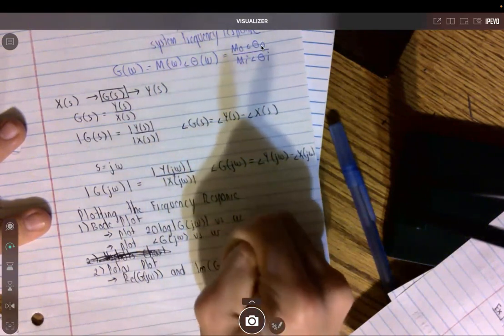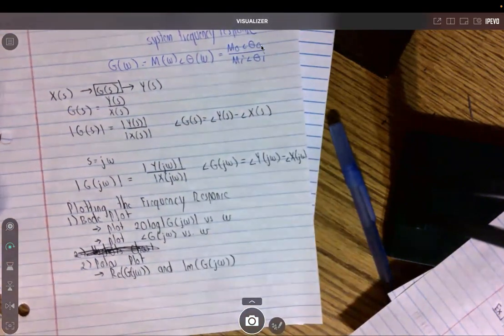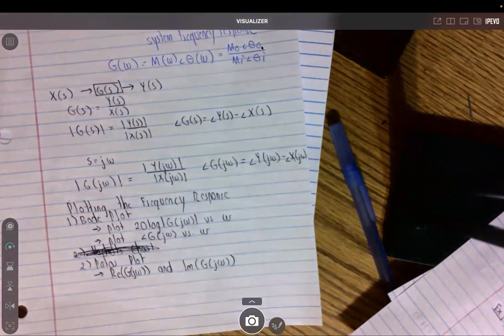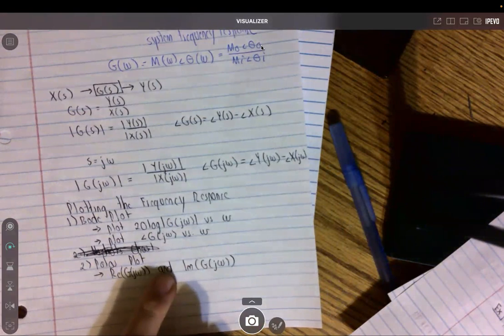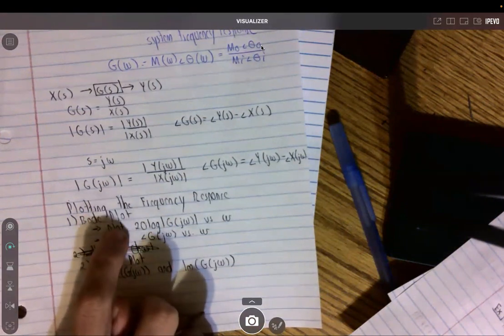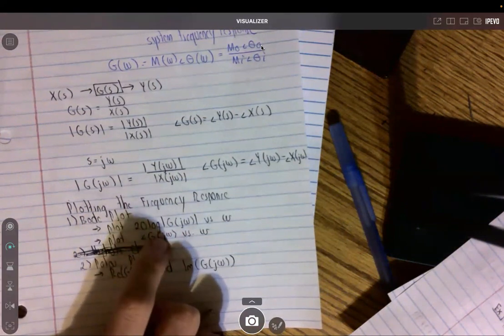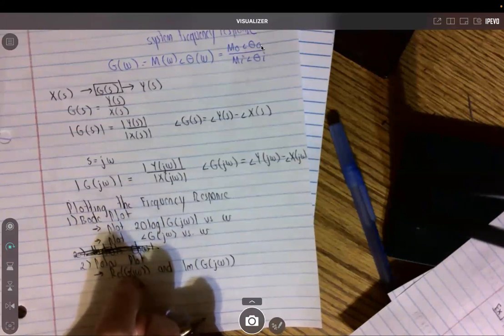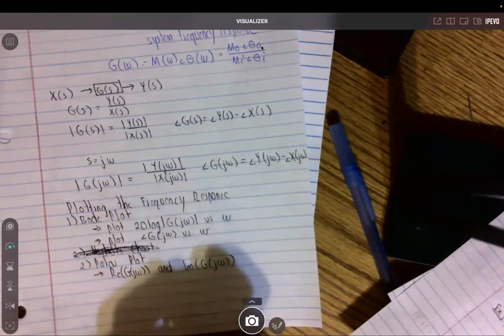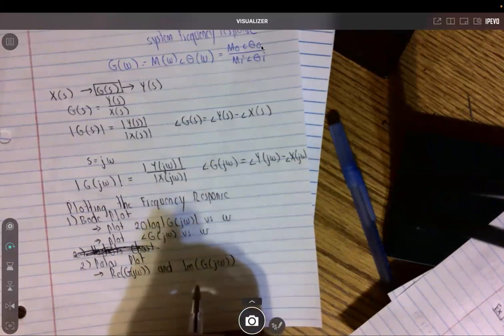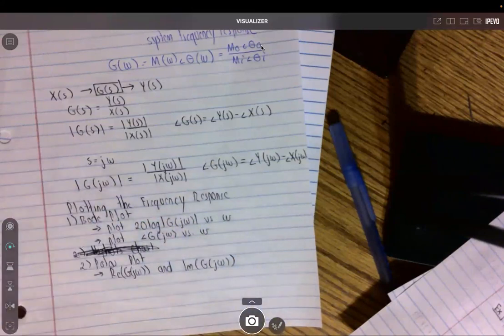Remember, imaginary is always along the y-axis, real part's always along the x-axis. So you're going to plot this in one graph. Notice you have two graphs for your Bode plot, a magnitude frequency response and a phase frequency response, whereas for the polar plot, you have the real and imaginary parts embedded in one graph. Imaginary on the y-axis, real on the x-axis.